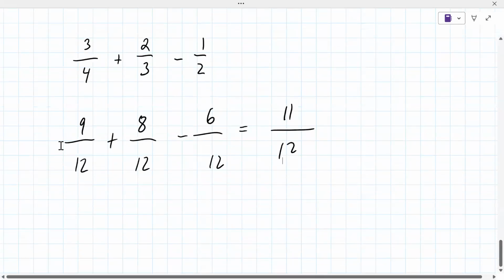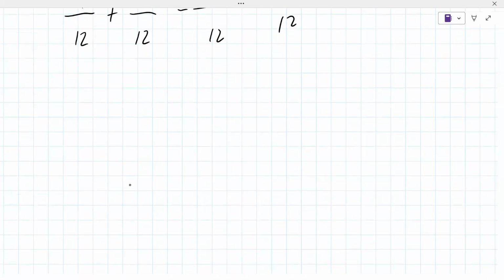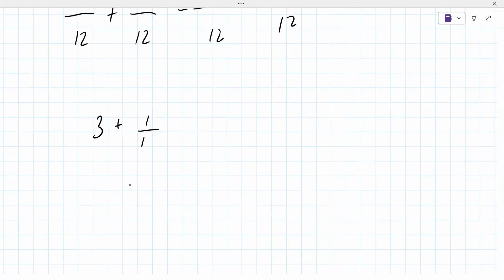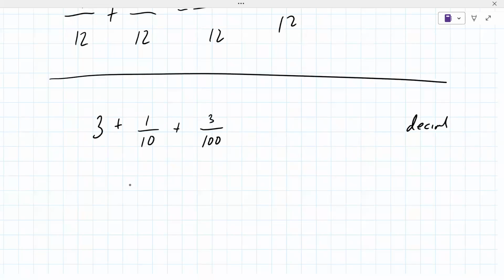All right, so let's look at some stuff from earlier. Let's say it's 3 plus 1 over 10 plus 3 over 100. And I want this as a decimal. Okay. So we did one like this on the back, your mixed review.